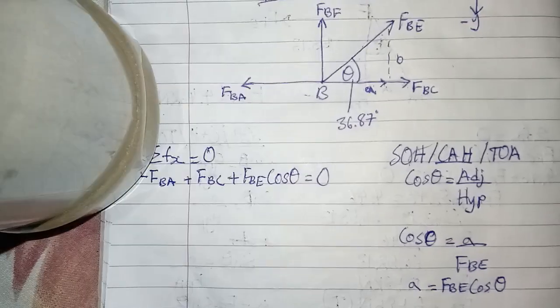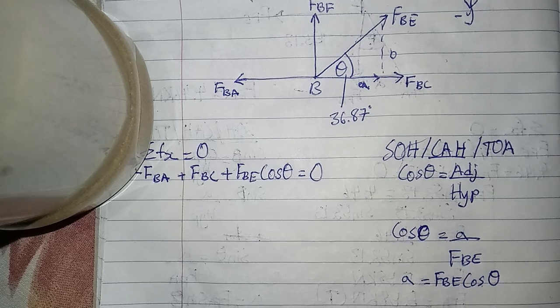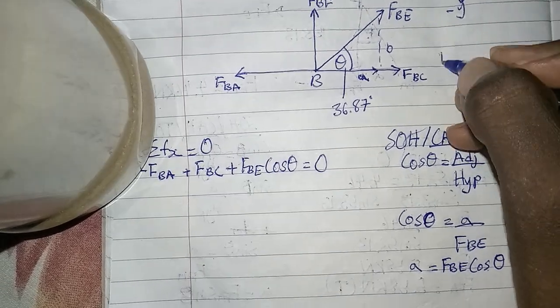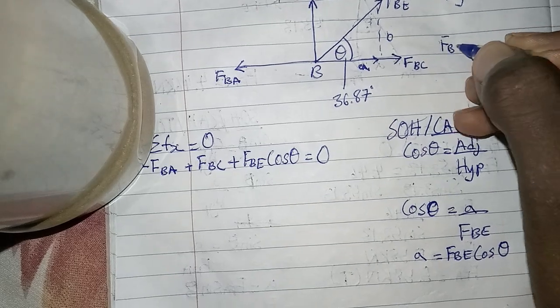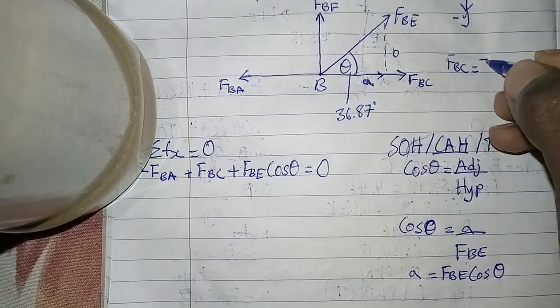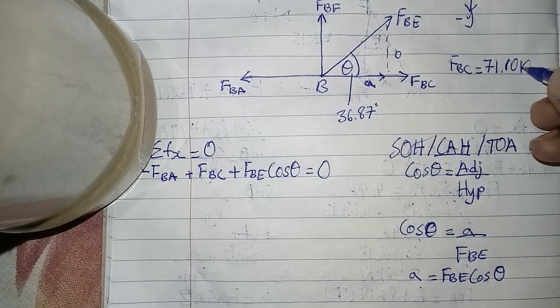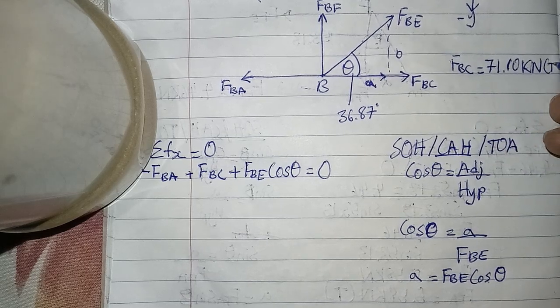From the previous ones that we have solved, we know that force BC was equal to 71.10 kilonewton, under tension.